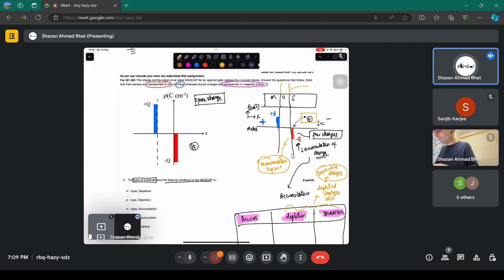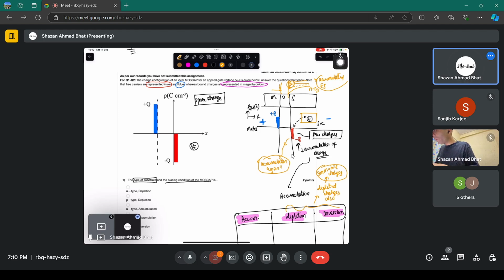There'll be bending here, there'll be bending here, and the Fermi level of this will be lower than that of this particular Fermi level. So it is excess electrons, more of the electrons here, and there are positive charges here. So these are accumulated electrons. This is the accumulation region.